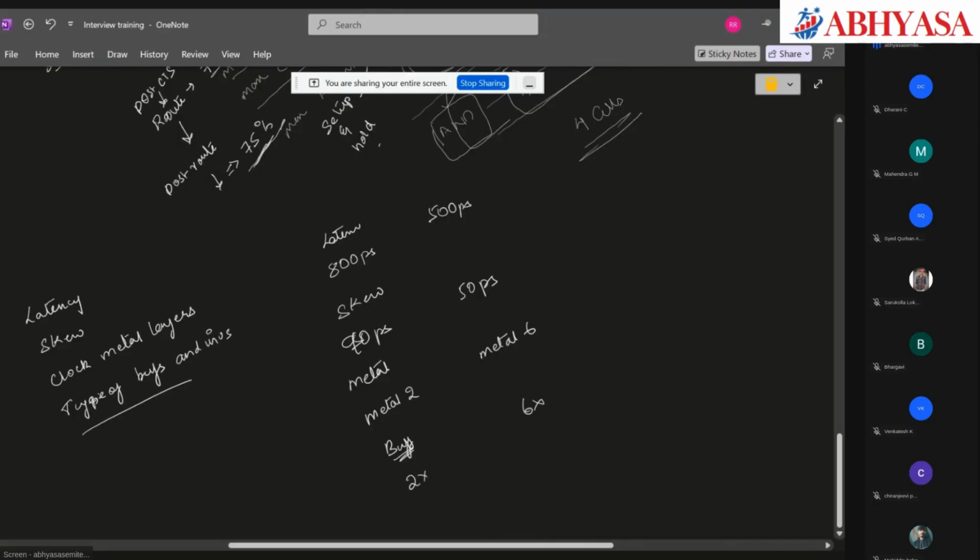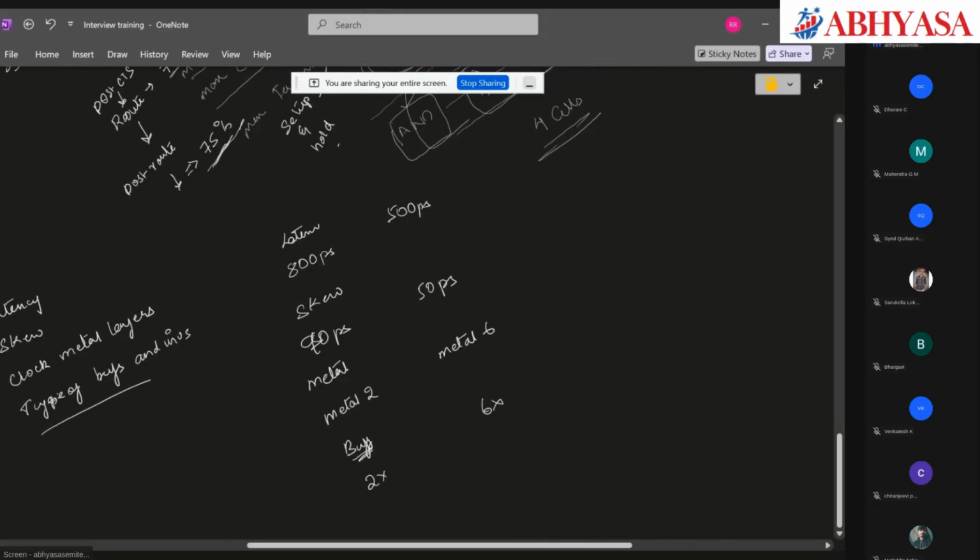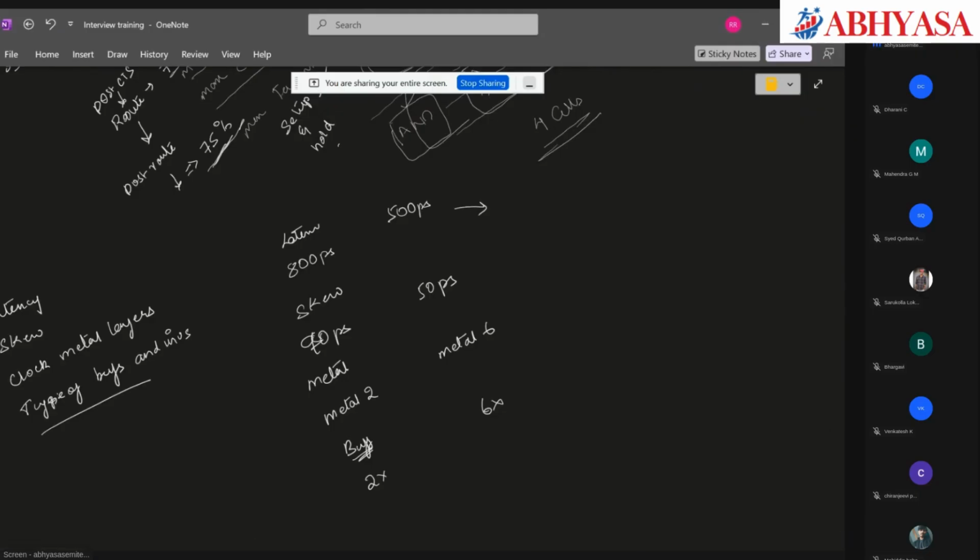So now let us see how each one will affect my number of cells getting added at CTS stage. So latency, this is my design. This is my clock port. Starting from a clock port, latency is nothing but the time it takes to reach my sync pin. If I say you have to reach my sync pin in 800 PS, I have given it a lot of time.